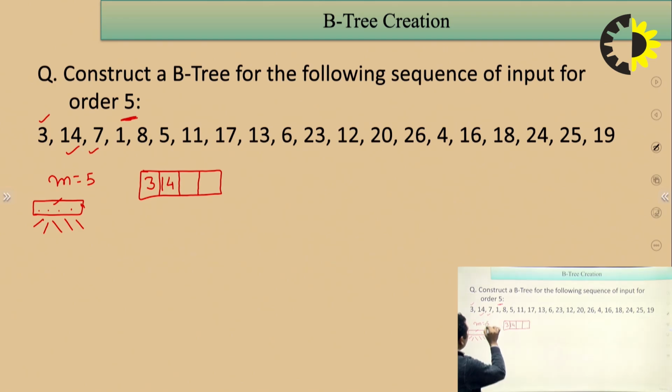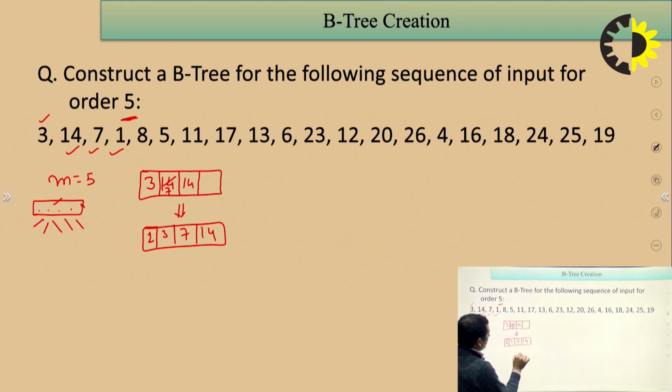Now 7 will come here, there is a space, but in ascending order, so first shift 14 and 7 will come here. Now the key 1, there is a space, so it can be held, but in ascending order. After inserting 1, the key values are 1, 3, 7 and 14.